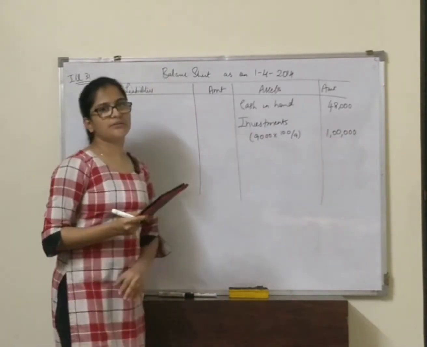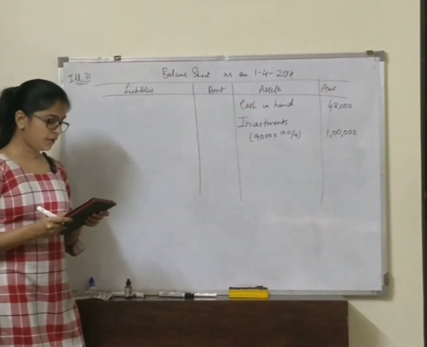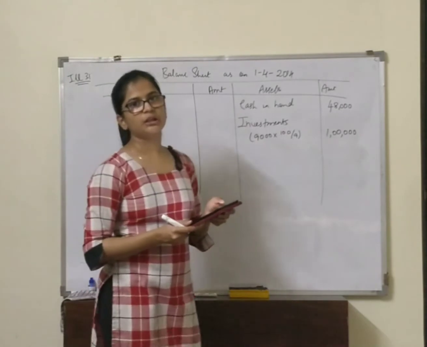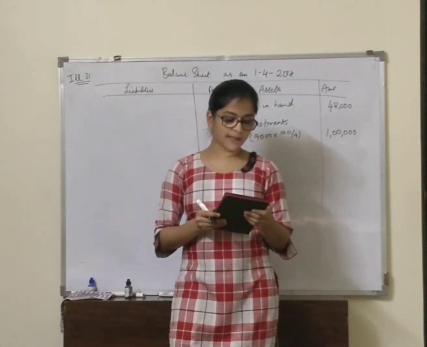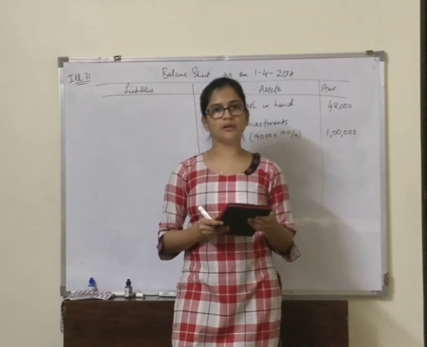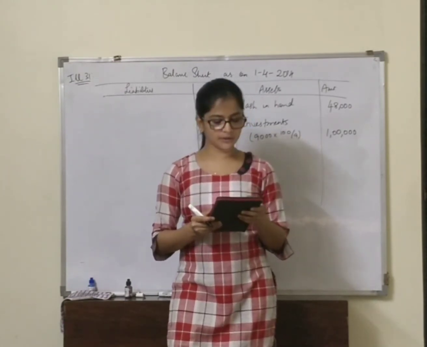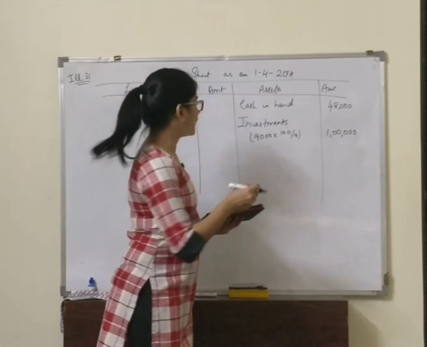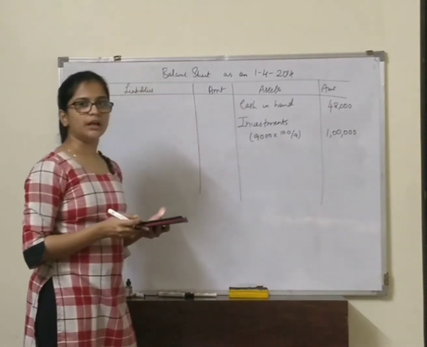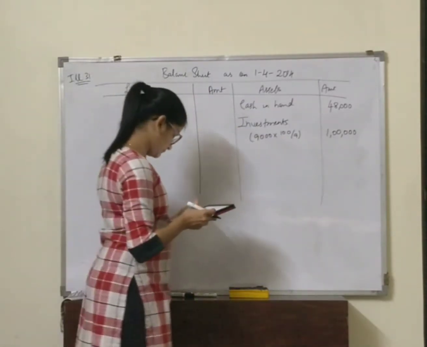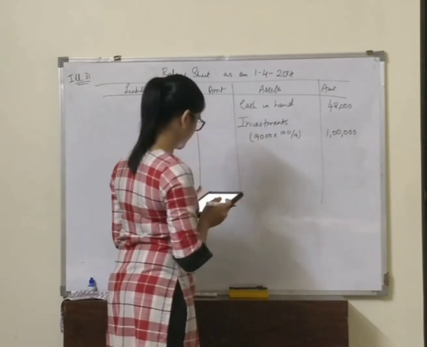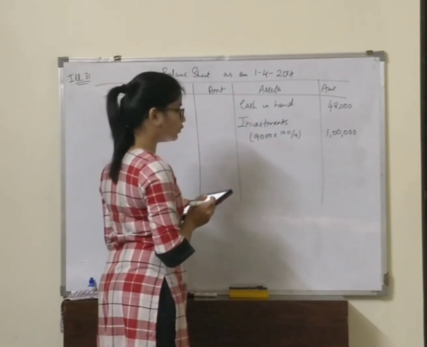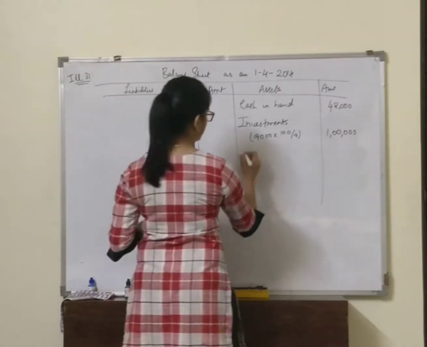Why have I done this and written in the opening balance sheet? Because it is clearly mentioned on the receipt side, interest on investment at 9% per annum for the year. So for the entire year it is 9,000. That is the reason we are writing investment in our opening balance sheet. Then in the adjustments we have subscription due, that is our outstanding subscription.